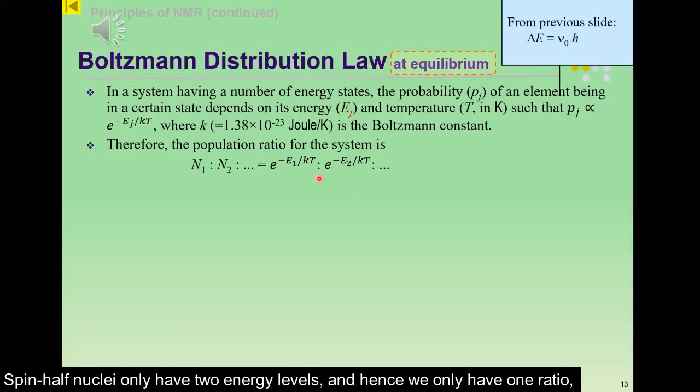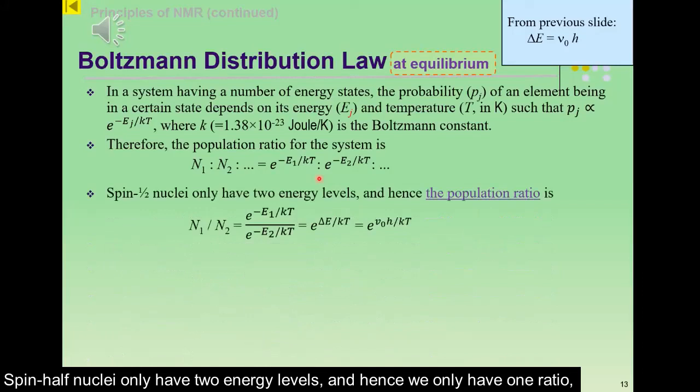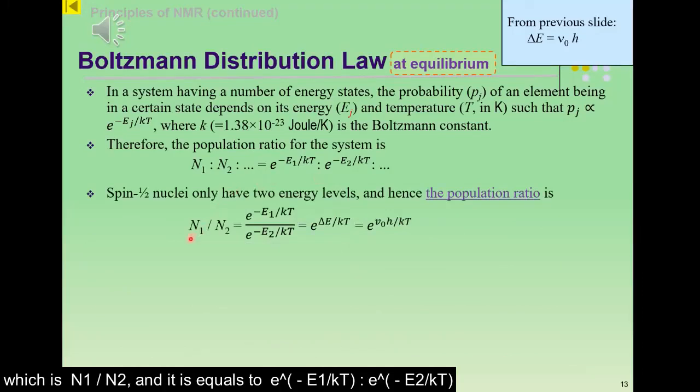Spin half nuclei only have two energy levels, and hence we only have one ratio, which is N1 over N2.